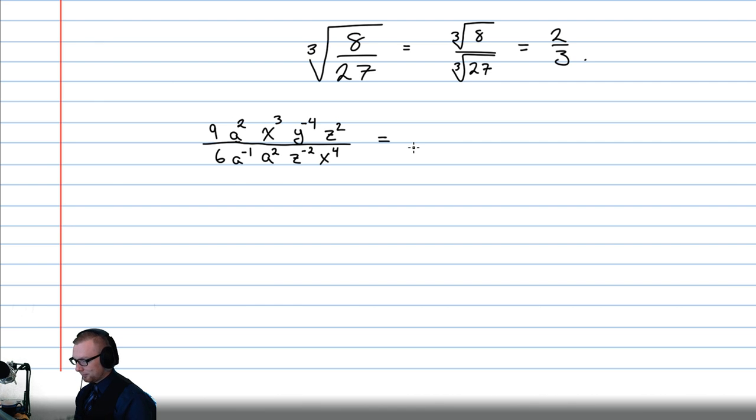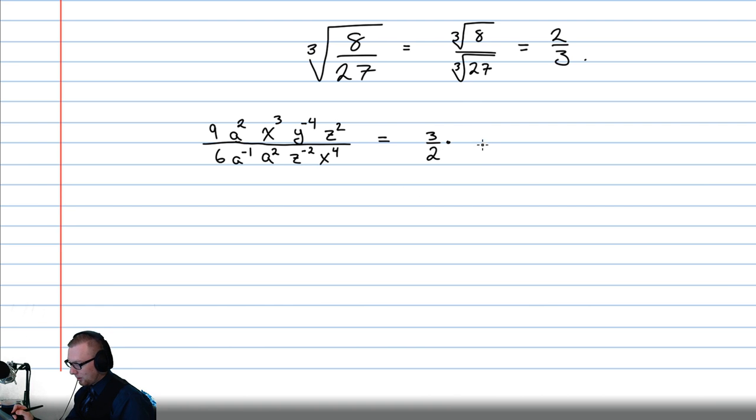Let's see. So, it will be 3 over 2 for the 9 and 6. And A. Wait. I think the A will be A cube.